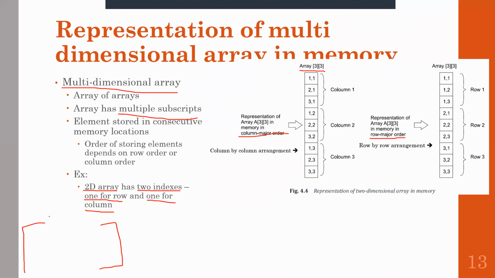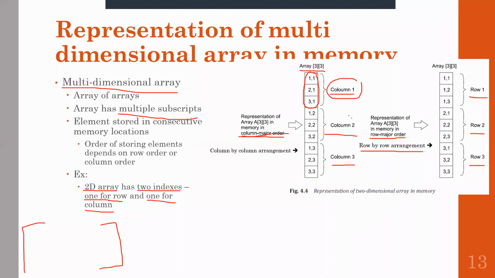In column major order, you arrange the elements column by column. And in row major order, you arrange the elements of the matrix row by row.